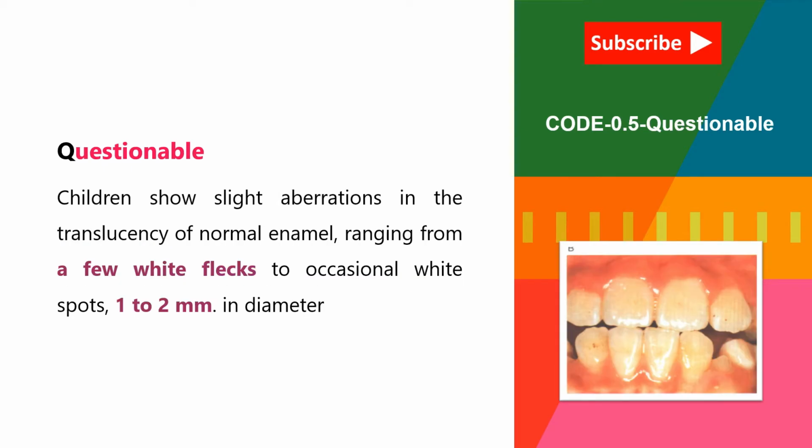Code 0.5, questionable. He defined it as children show slight aberration in the translucency of normal enamel, ranging from a few white flakes to occasionally white spots that range from 1 to 2 mm in diameter. Now the words that are highlighted are important to categorize.